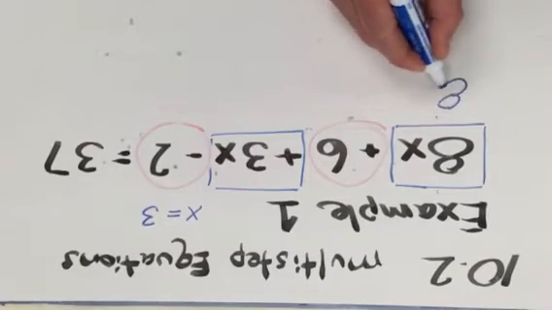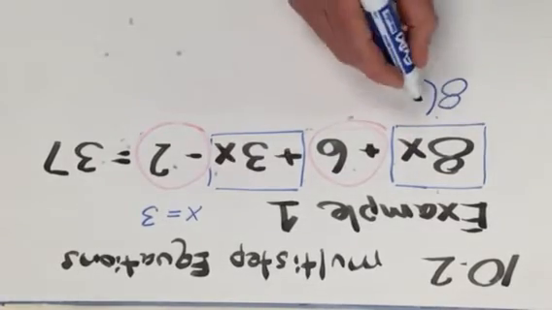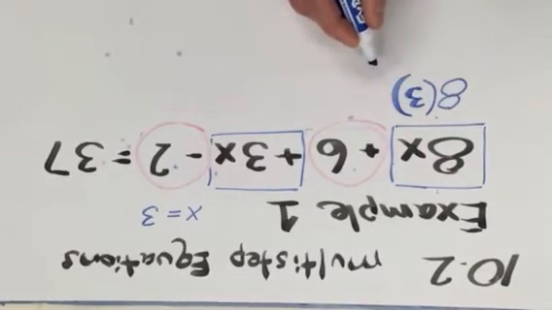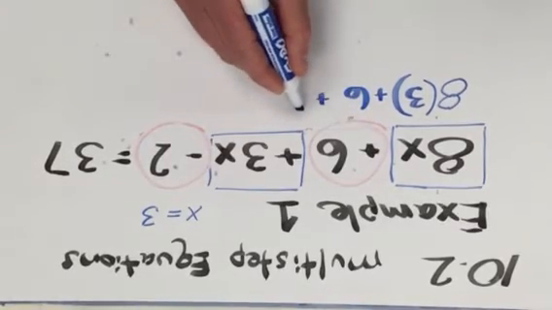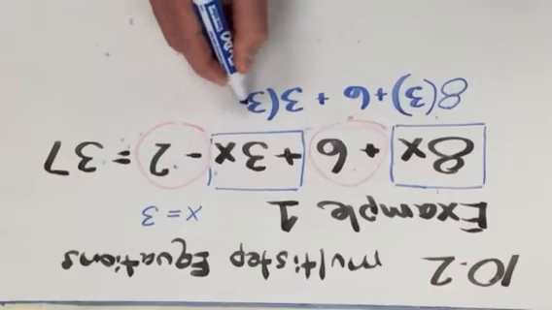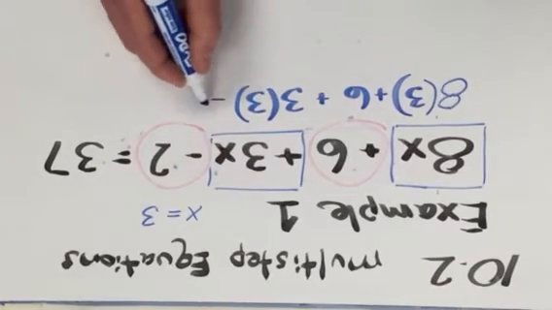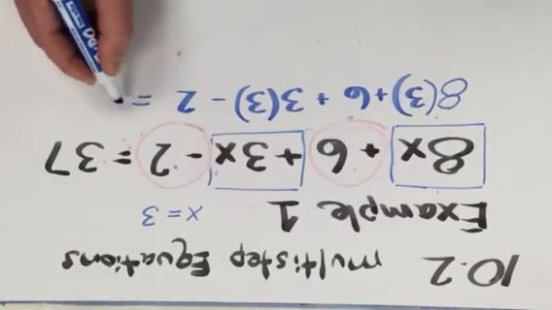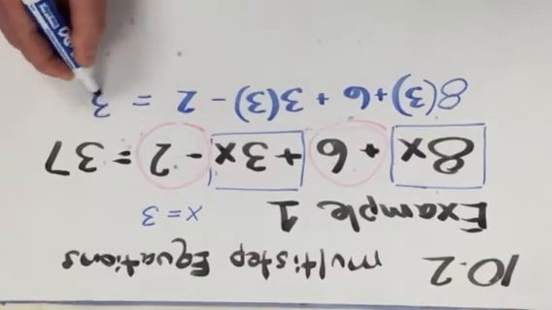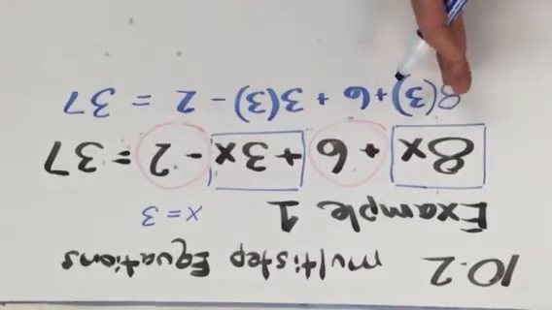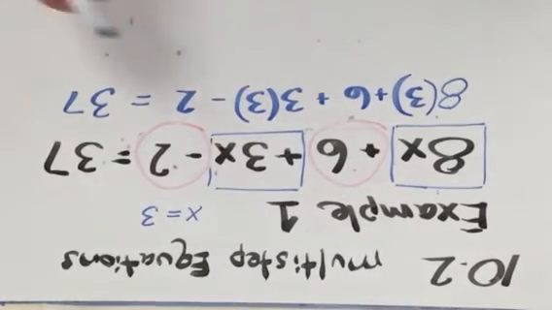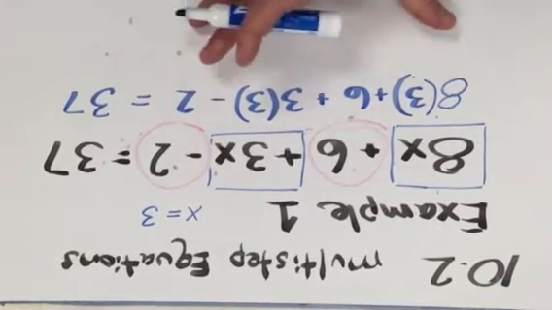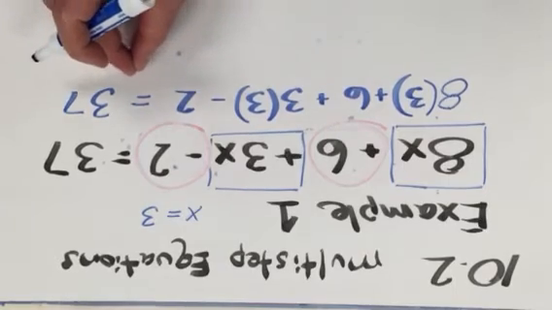So we would say 8 times 3, plus 6, plus 3 times 3, minus 2. And the question is, does this whole side equal 37? Because as we know, the equal sign is saying that these are balanced: whatever you have on one side is equal to what is on the other side.